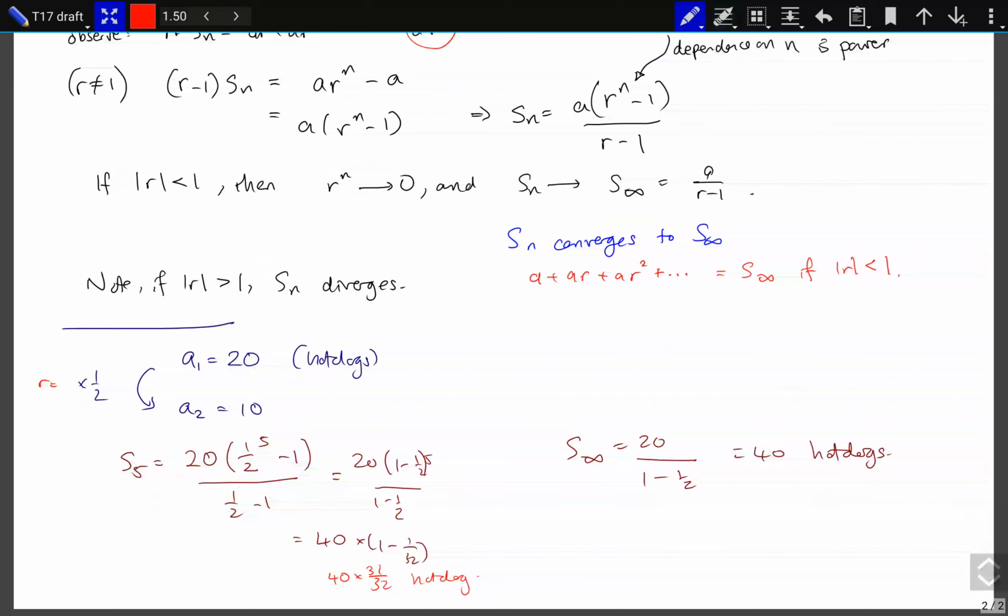Maybe they chop them up into little bits. And the convergent value is 40 hot dogs if he eats forever.